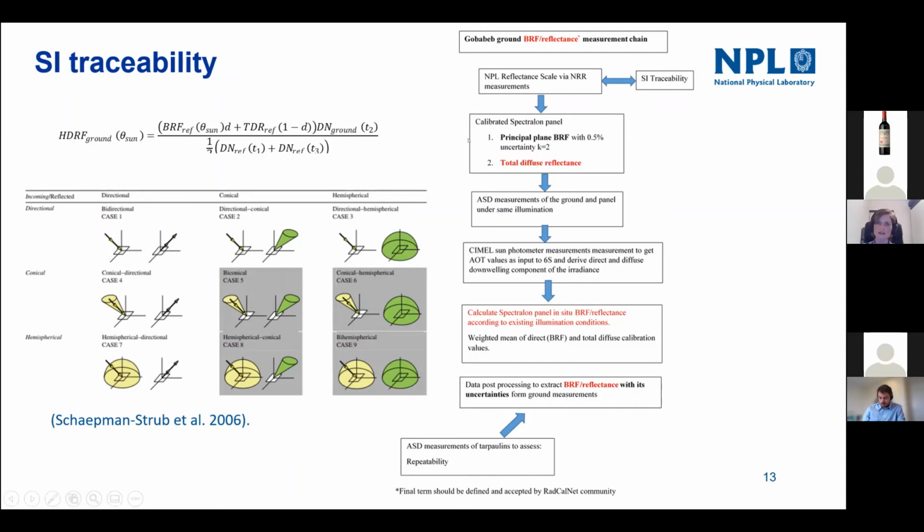And there will always be a split in the amount of the downwelling irradiance in situ. We will have some amount which is really attributed to the direct sun, and that is the amount of the reflectance very much related to BRF properties of the panel.